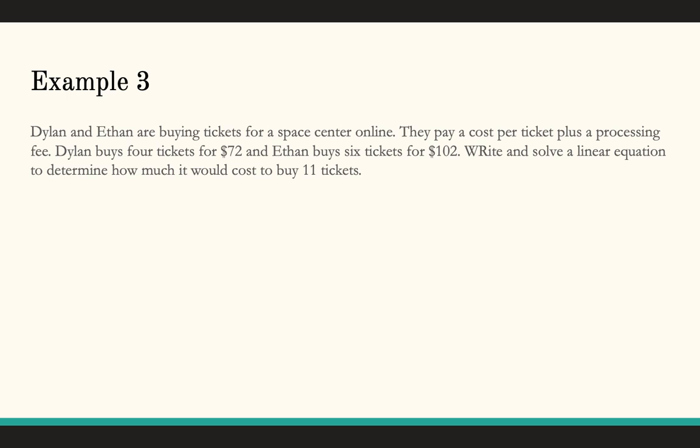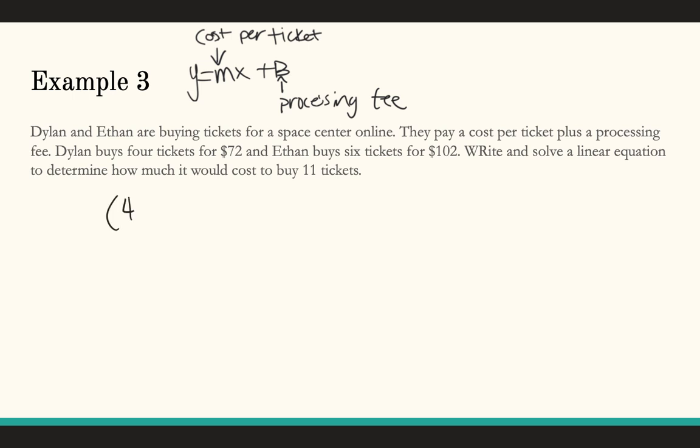So here we know that in y equals mx plus b, the cost per ticket is going to be the m, and the processing fee is the b, because the processing fee is by order, not by ticket. So Dylan buys 4 tickets for $72. And Ethan buys 6 tickets for $102.